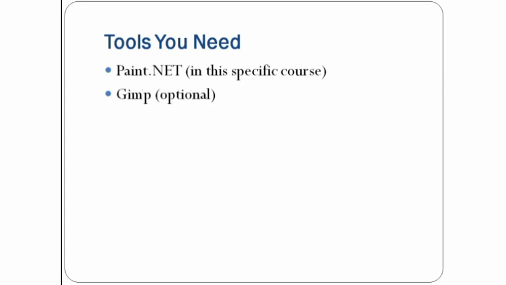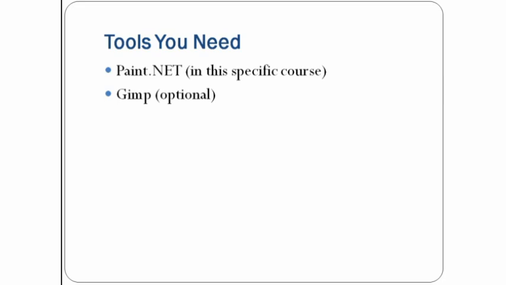So with that said, let's talk about the tools that you're going to need. You're going to need paint.net in this specific course, of course. Now, keep in mind that the concepts that I'm going to teach you can apply to just about any other tool. They can apply to Adobe Photoshop. They can apply to GIMP. Let's say, for example, that you want to use something like GIMP.